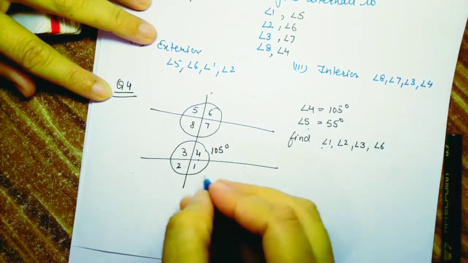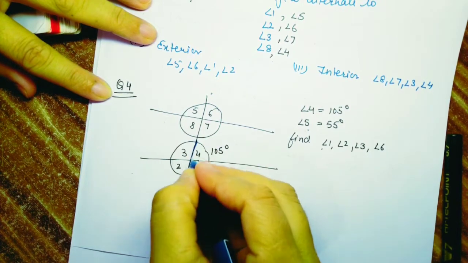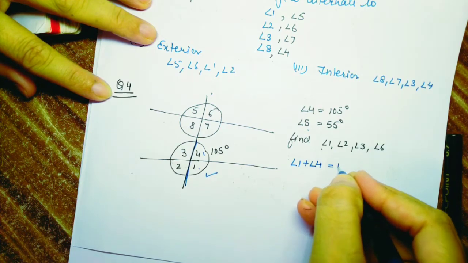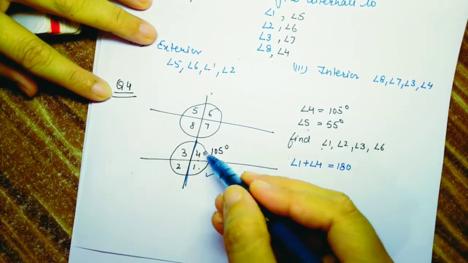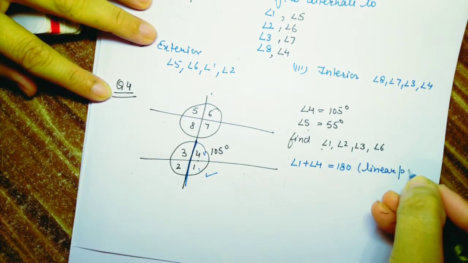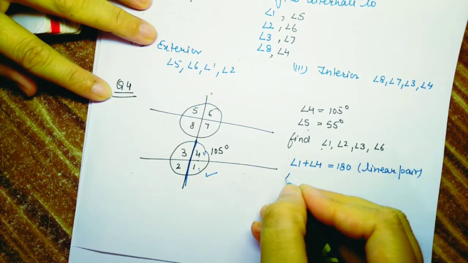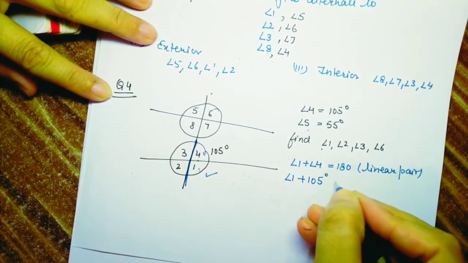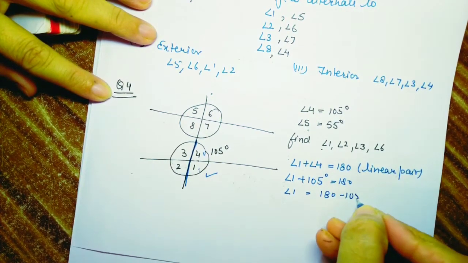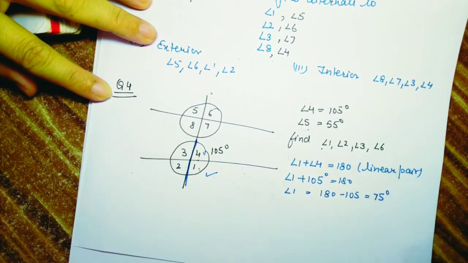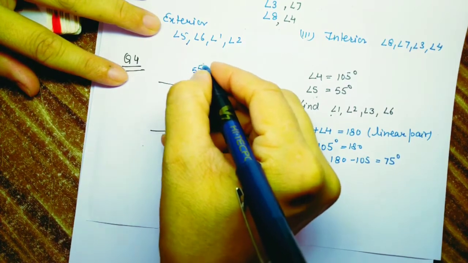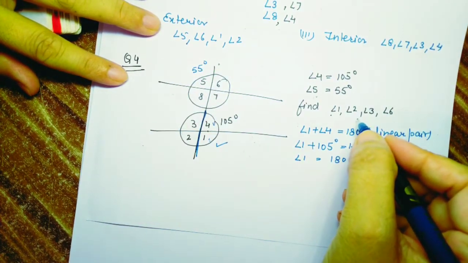Angle 1 is here. So this shows a linear pair and we know angle 1 plus angle 4 equals 180 degree. Why? This shows a straight line, a linear pair. So here we will write linear pair. Angle 4 value we know, that is 105. So can we find out angle 1? Yes, 180 minus 105, that means 75 degree. Then they are telling angle 5 is 55 degree. Can we find out angle 2?